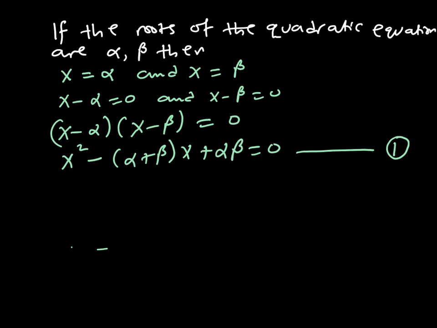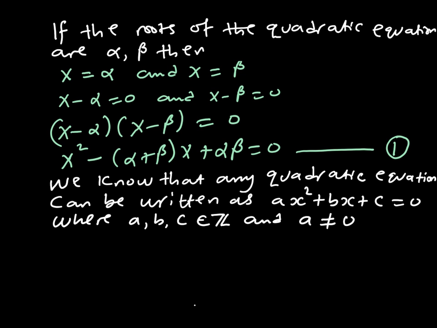And we know that any quadratic equation can be written as ax squared plus bx plus c equals 0, and a, b, c are integers.